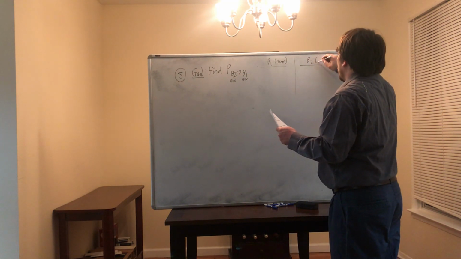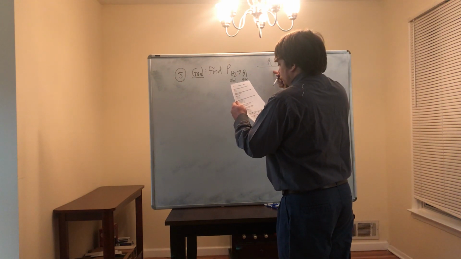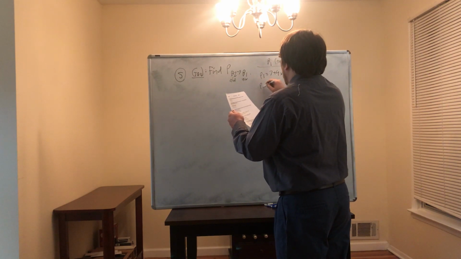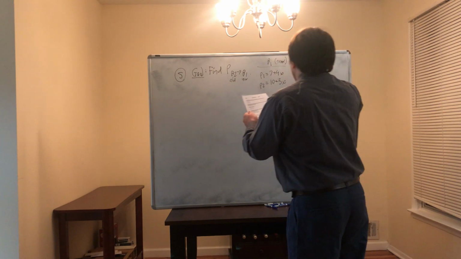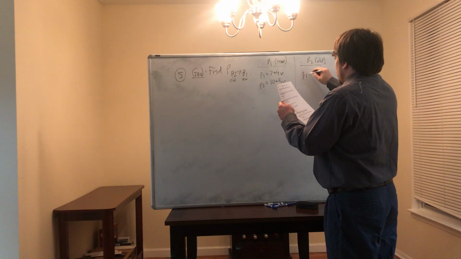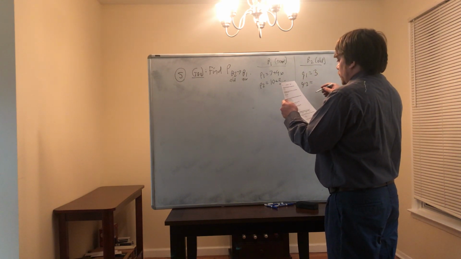And so B2 is the old basis. So for B1, the basis vectors are little p1, which is 7 plus 4x, and little p2, which is 10 plus 3x. For B2, the old basis, the basis vectors in that set are q1, which equals 3, and q2, which is equal to 6 minus 2x.